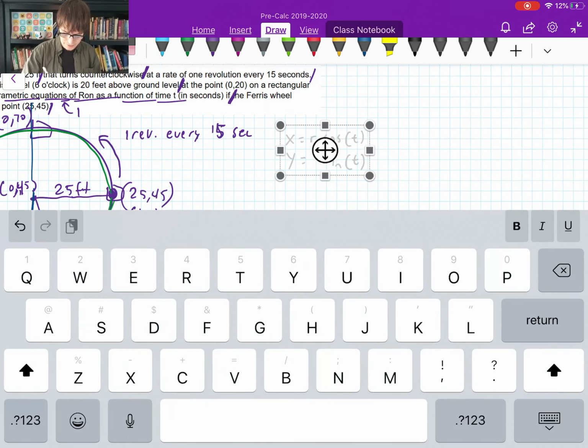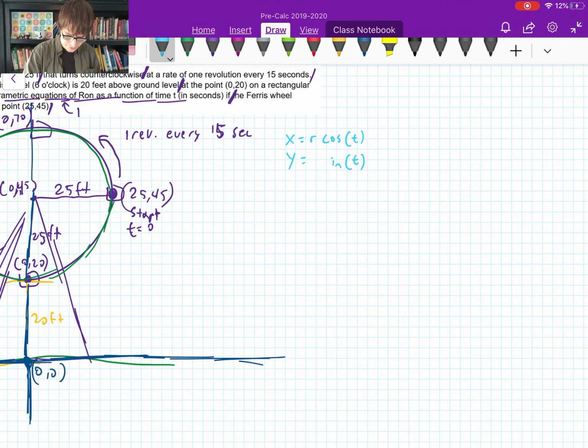Okay, so r sine t. It's also helpful to know that 2 pi equals 1 revolution.